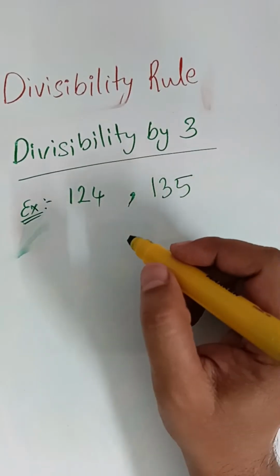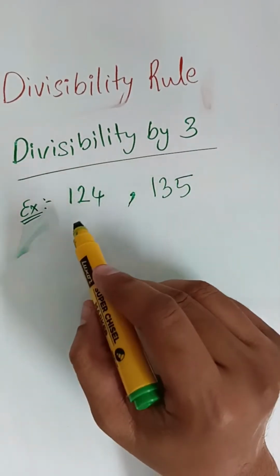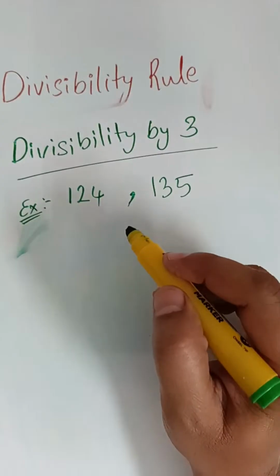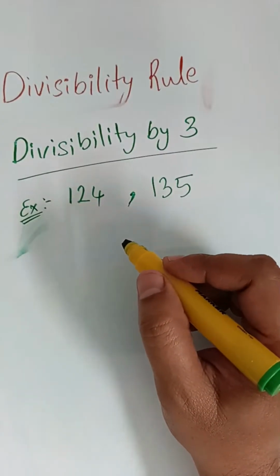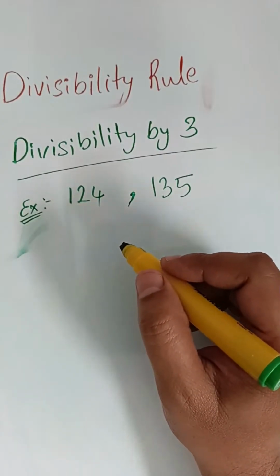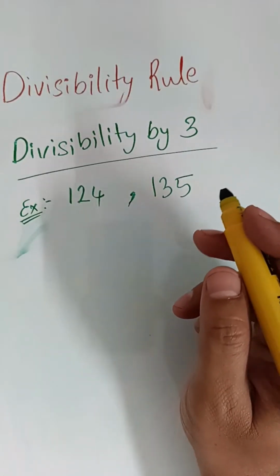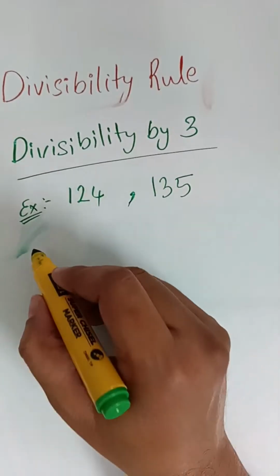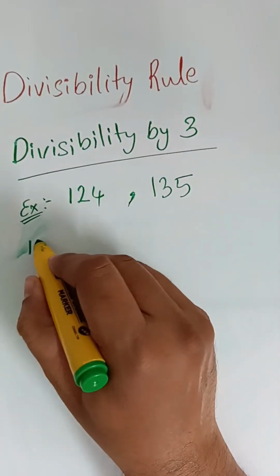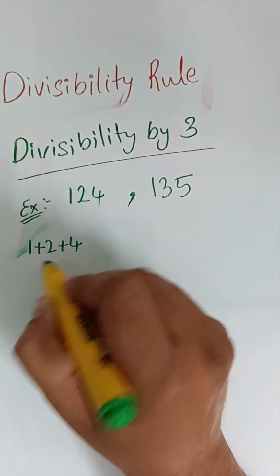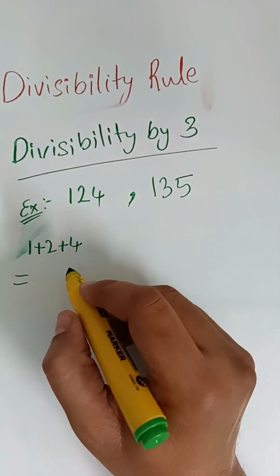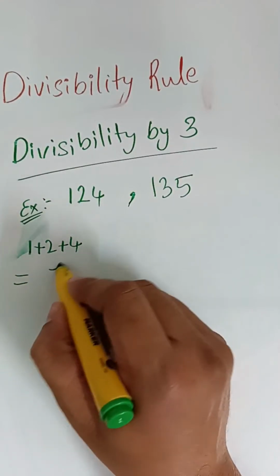Okay, let's continue. What is the example I took? 124. The divisibility rule of 3 is what? A number is divisible by 3 when the sum of its digits is divisible by 3. So what is the sum of this 124? 1 plus 2 plus 4 will be 7.